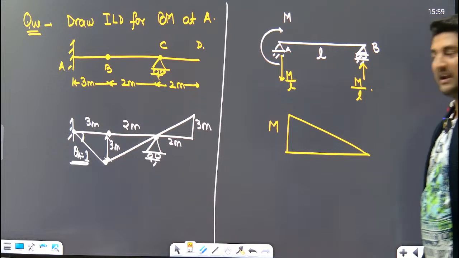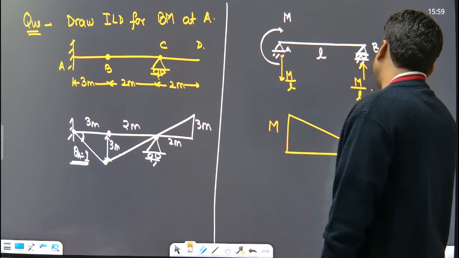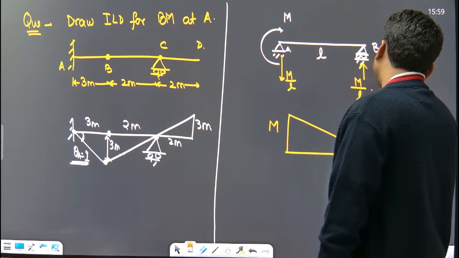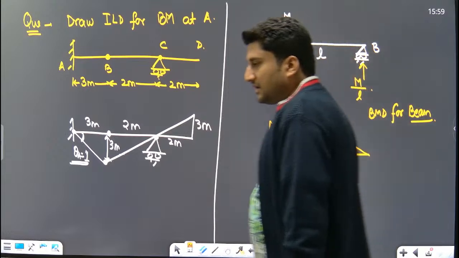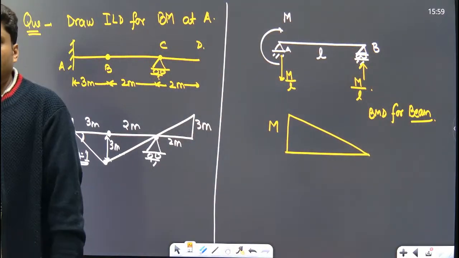This is the bending moment diagram for the beam. This is not an ILD, this is a bending moment diagram for the beam.